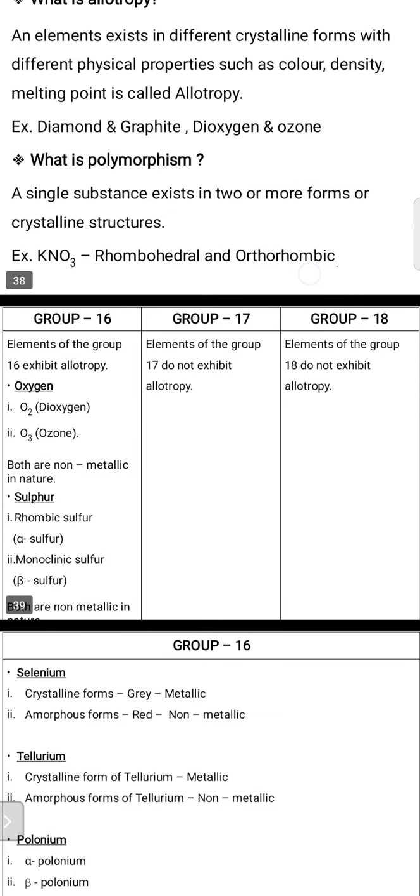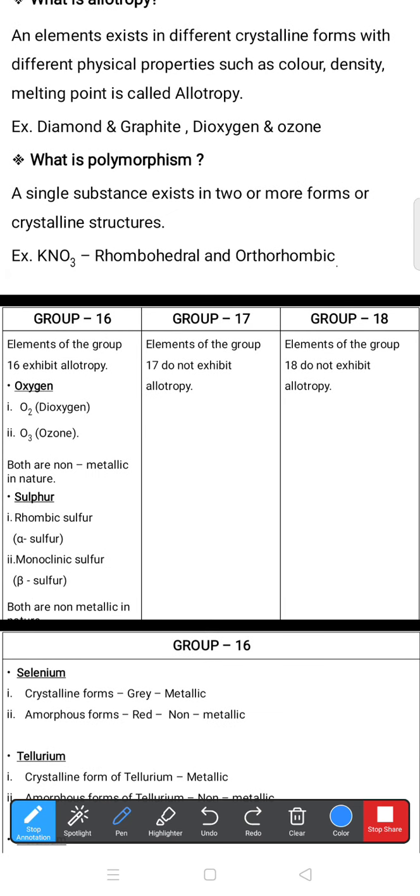Regarding these three groups, group 16, group 17, and group 18, we'll comparatively study this topic further. Elements of group 16 exhibit allotropy. Regarding oxygen, the allotropy is observed between O2, dioxygen, and O3, ozone.